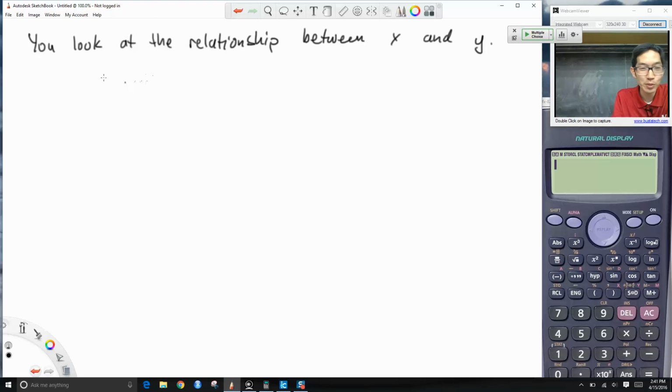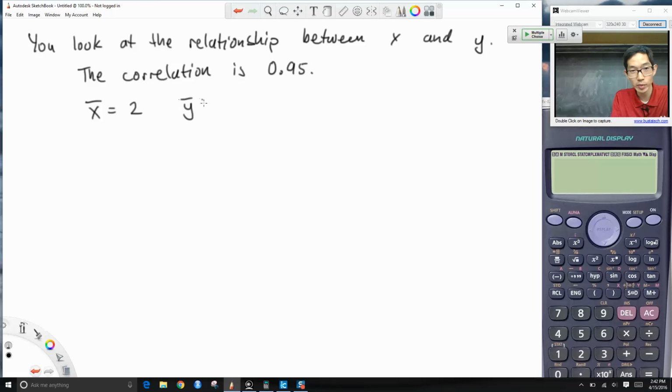The correlation is 0.95. The x bar is 2, y bar is 5, the standard deviation of x is 3, and the standard deviation of y is 2. We're going to say true or false, A being true, B being false.